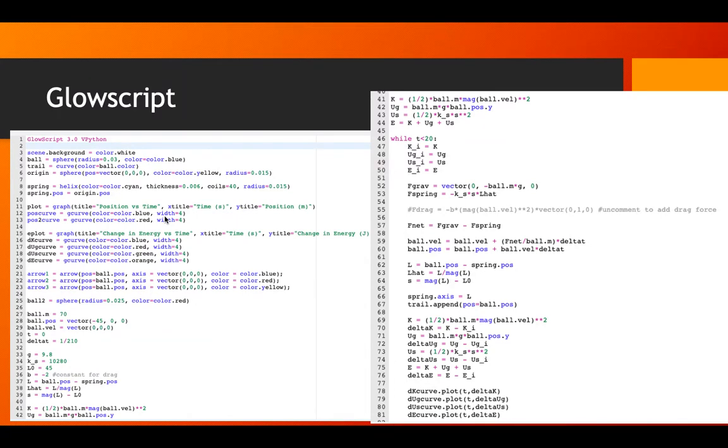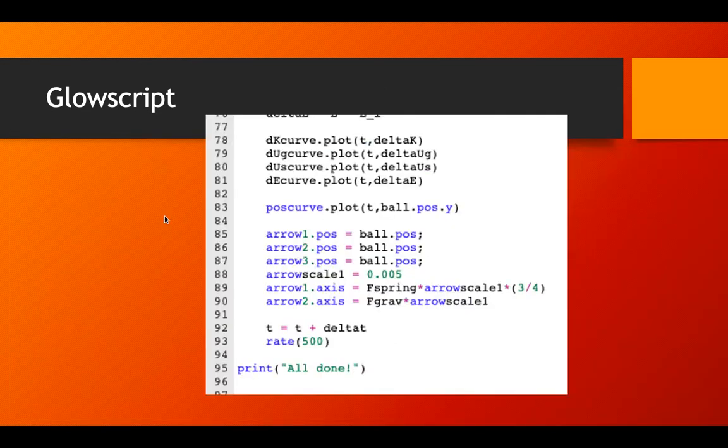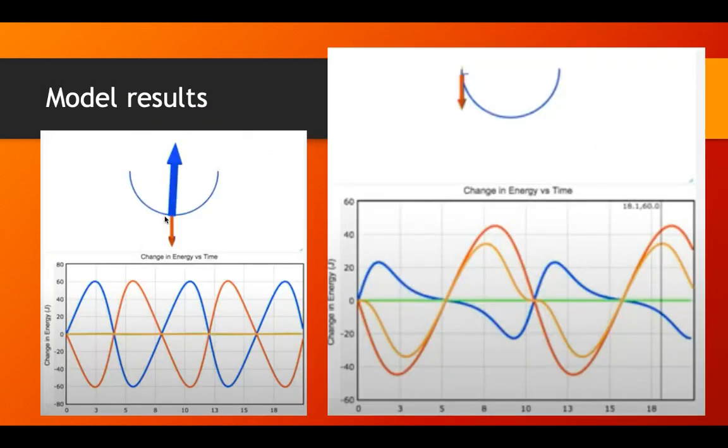And then in line 69 through 76, I define all of those forces that we use for the energy principle. And then I'll show you the graphs that it makes. Oh, this at the end is just the arrows to show on the graph.